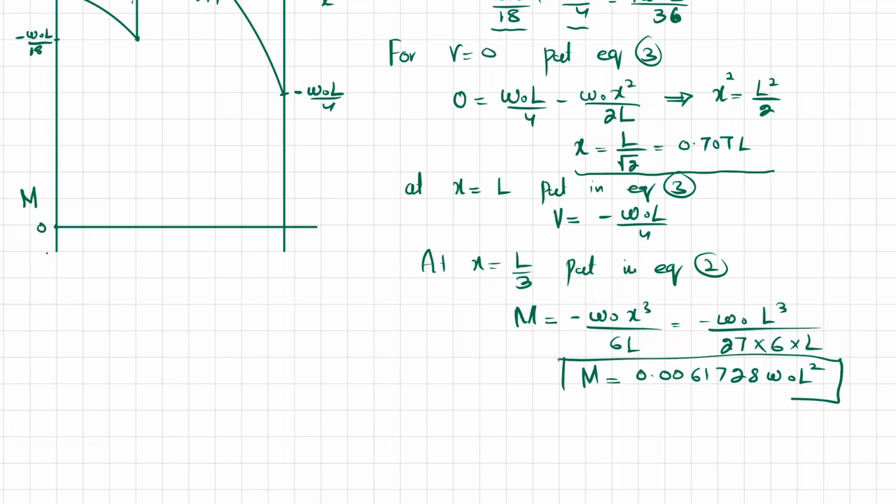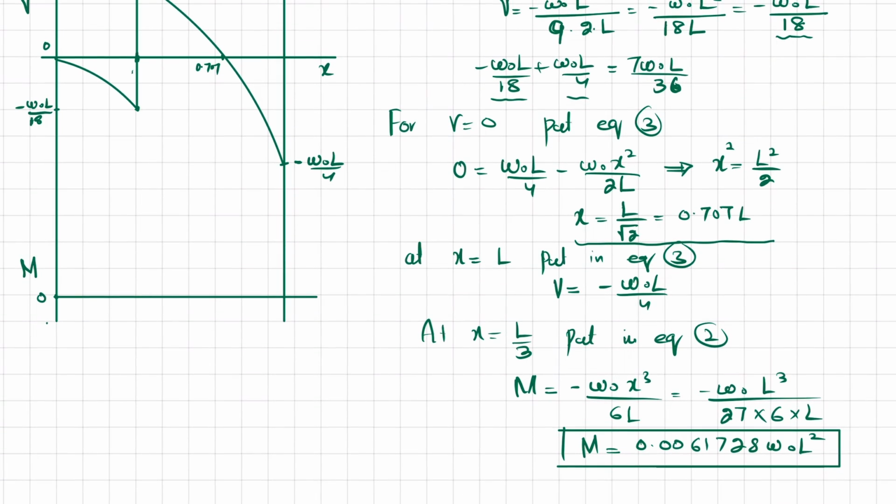So this is the value of moment at x is equal to L by 3. So this was L by 3 and this will be minus 0.006178. These are very small values, you can assume. So this will be your first point.